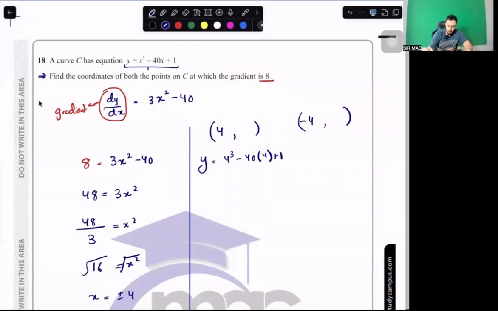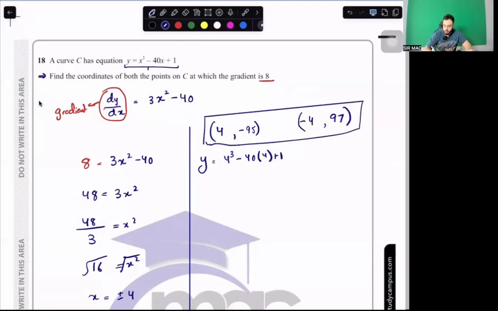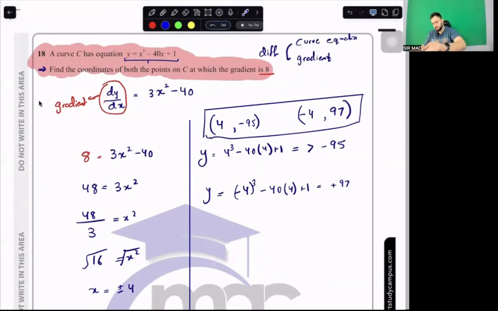Here I'm getting 95. For the second one, you plug in negative 4: put a bracket, negative 4 cubed, minus 40 times negative 4, and then plus 1, and we would get 97. So these are the two coordinates of the points where the gradient is 8.